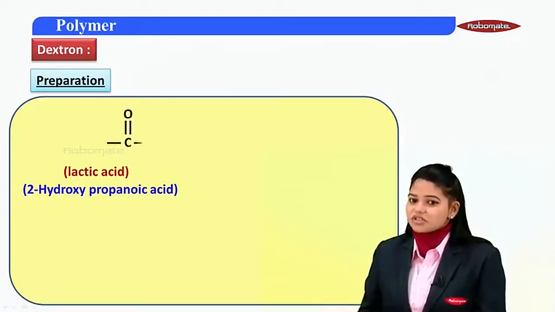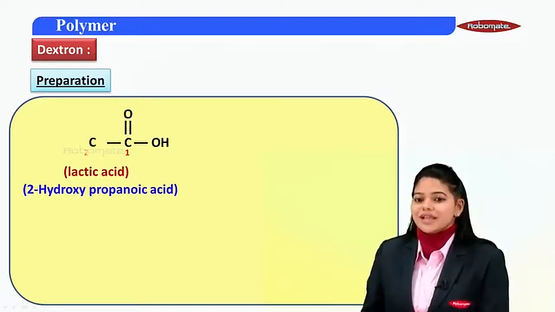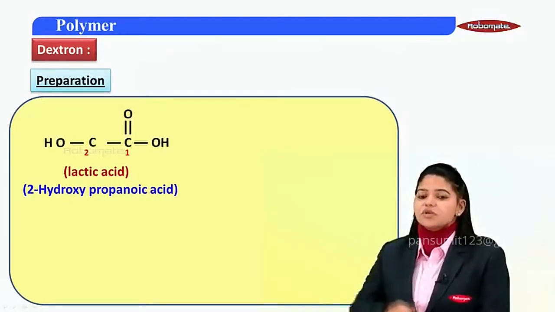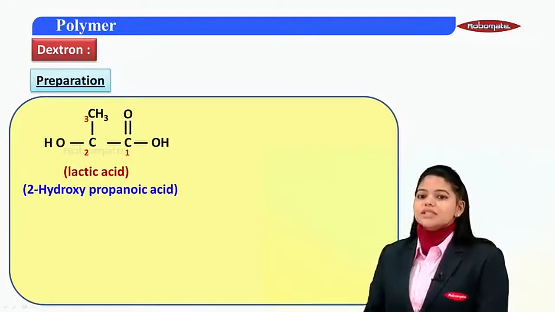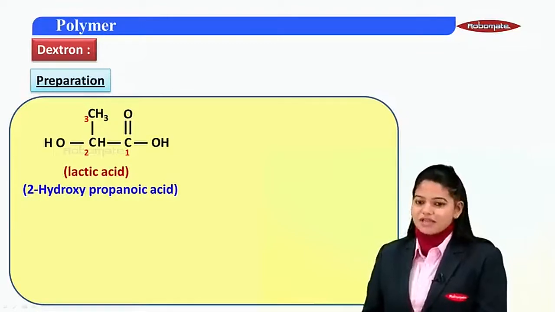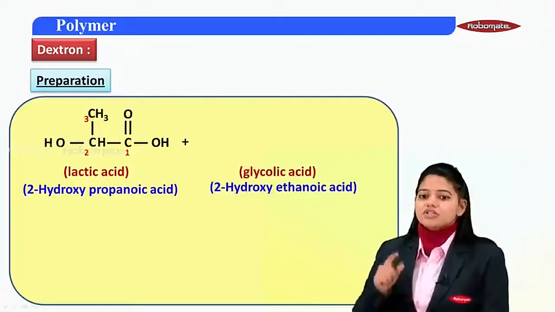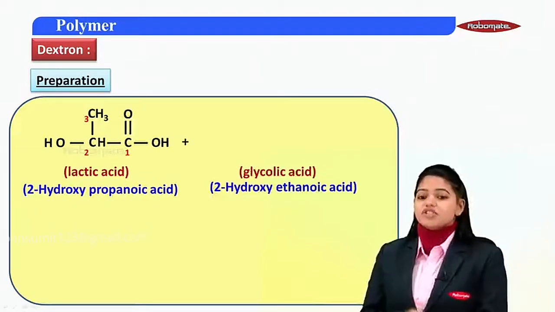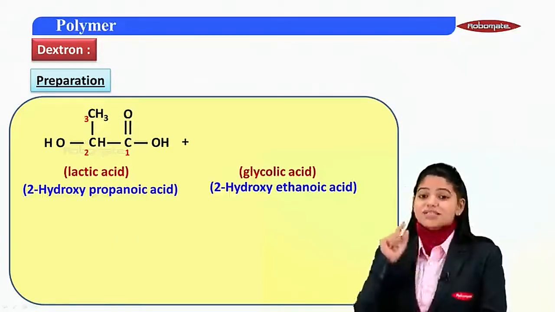So let's draw the structure. It is C double bond O, OH group on the first carbon. On the second carbon we have a hydroxy group, and the third carbon is CH3. The remaining valencies are filled by hydrogen atoms. Let's take the second monomer, 2-hydroxyethanoic acid, also called glycolic acid.